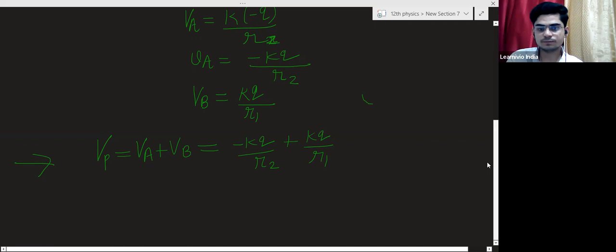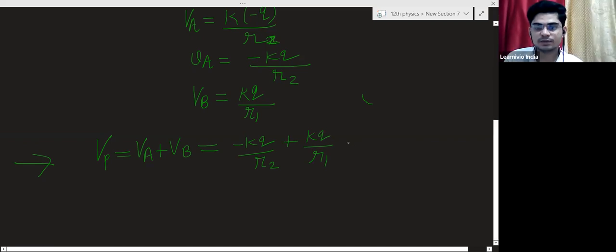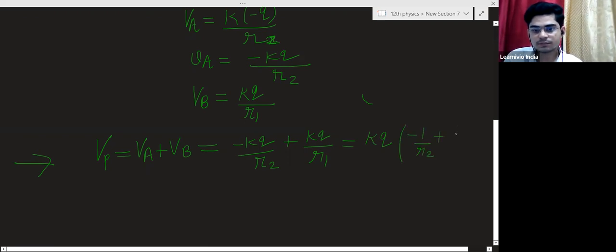So we will take KQ common. We will have minus 1 upon R2 plus 1 upon R1.